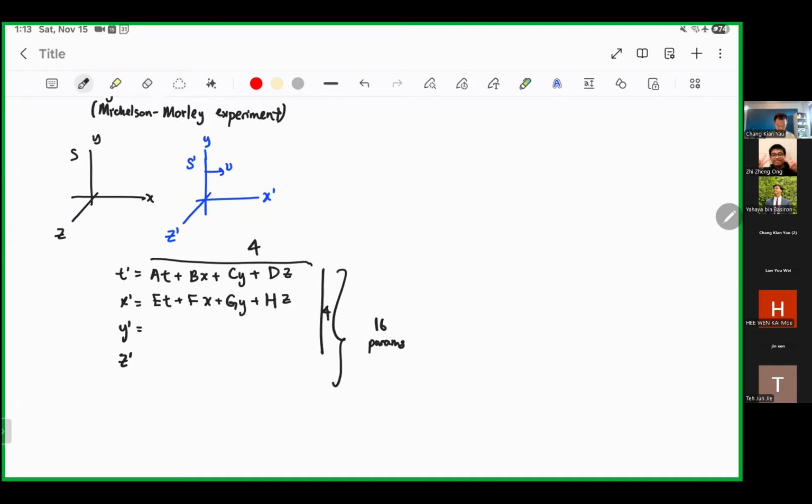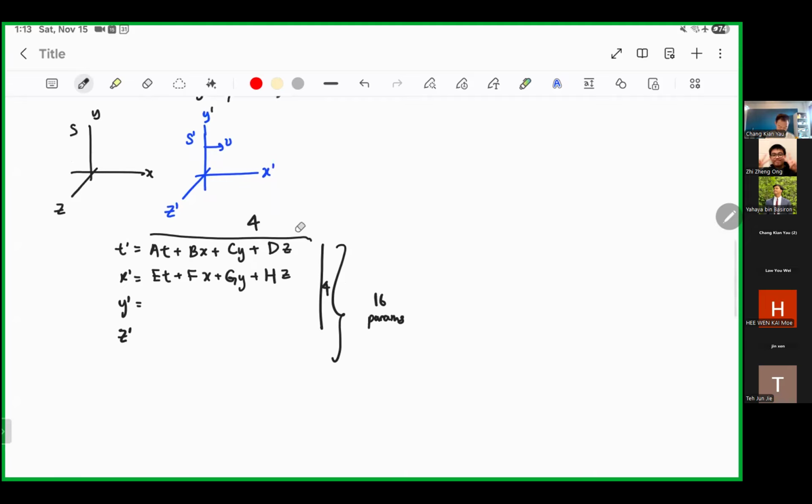Now let's simplify it further. We assume that the velocity of the second frame is towards the right, aligned with the axes of x and x'. And y and y' align also, and z and z' align as well.